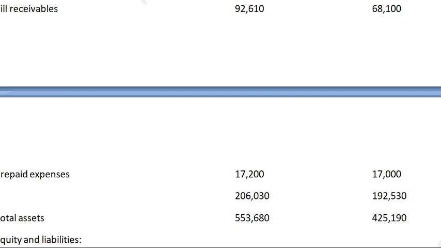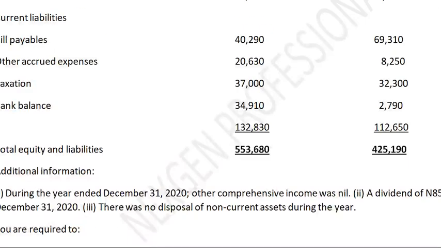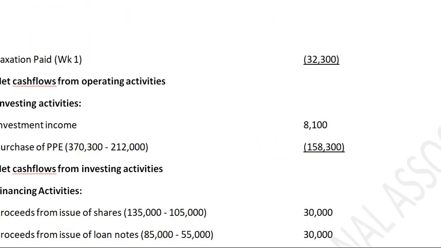Once you see cash under current asset, once you see bank under current asset, add the two together, and that will give you your cash and cash equivalent. Also, if you see treasury bill under the current asset, please add it to it. So we don't have any as opening.